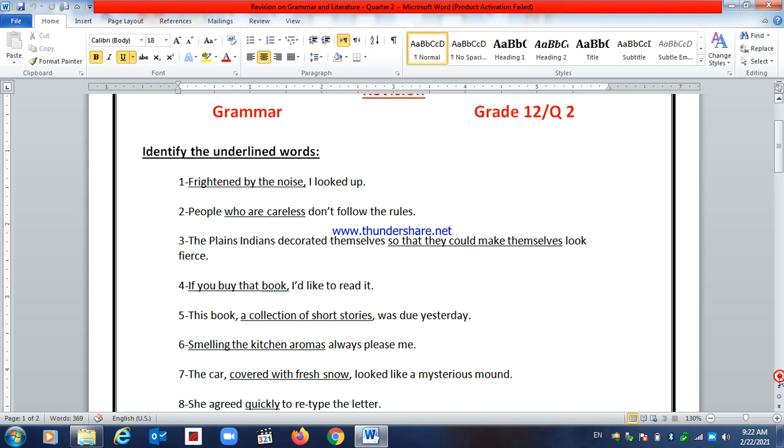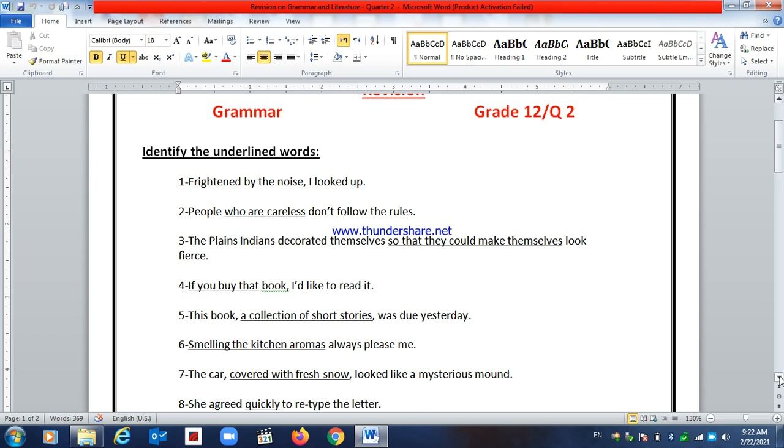This book, a collection of short stories, was due yesterday. Okay, a collection of short stories, a group of words, no subject, no verb, then it's a phrase. And these words give me more information about the previous word, and they are inserted between two commas.